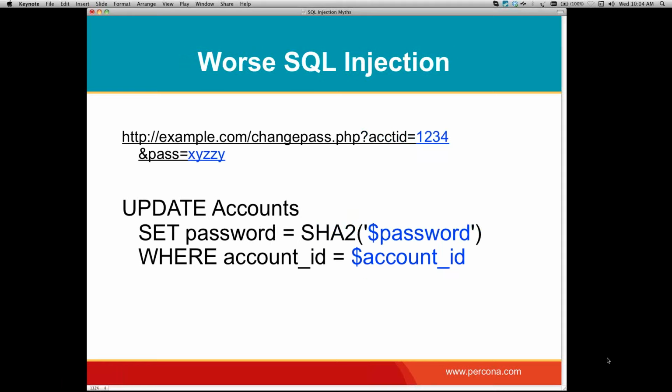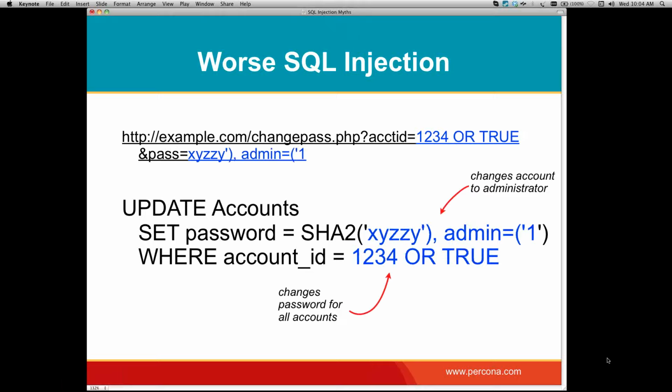Another example might be if an application is changing the password for a given user account in this application. The values passed in on the URL would be interpolated into the string to change the password and affect the given account ID. So then somebody who is mischievous or malicious could pass in extra content into those variables and change the behavior of that statement. There's two different ways that this can happen in this example.